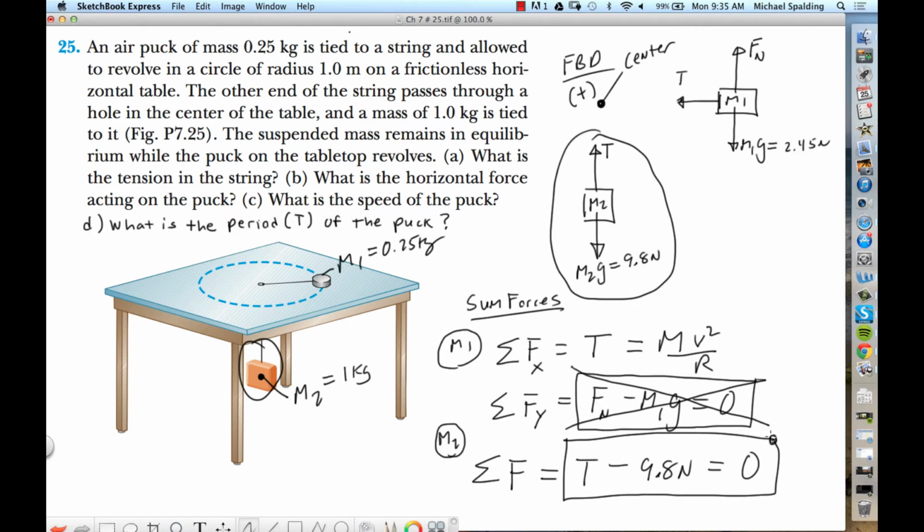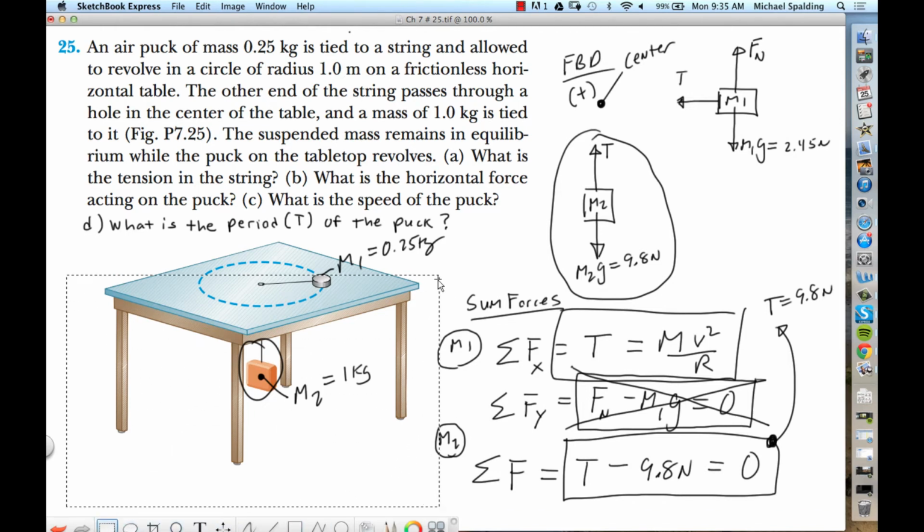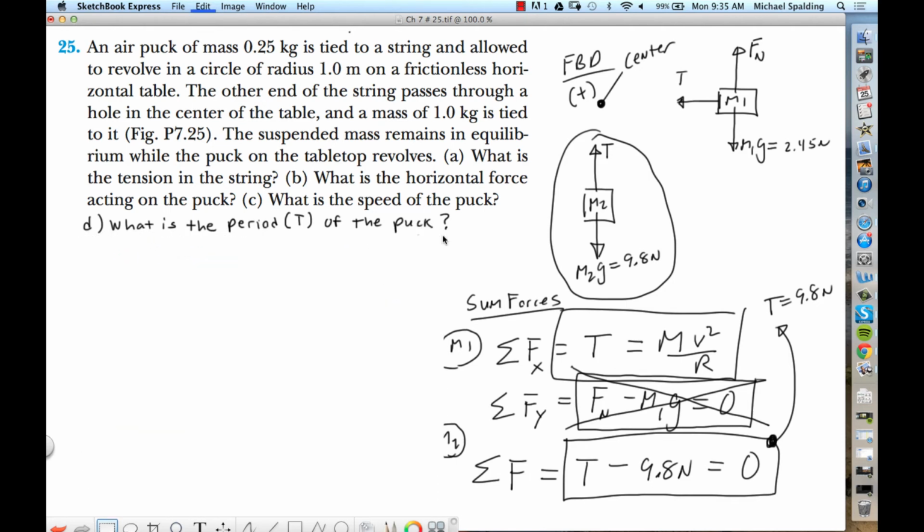Taking this bottom equation, tension must be equal to 9.8 newtons. I've got to make some room here, so I'm going to get rid of this diagram. We don't really need that anymore. Okay, so tension equals 9.8.